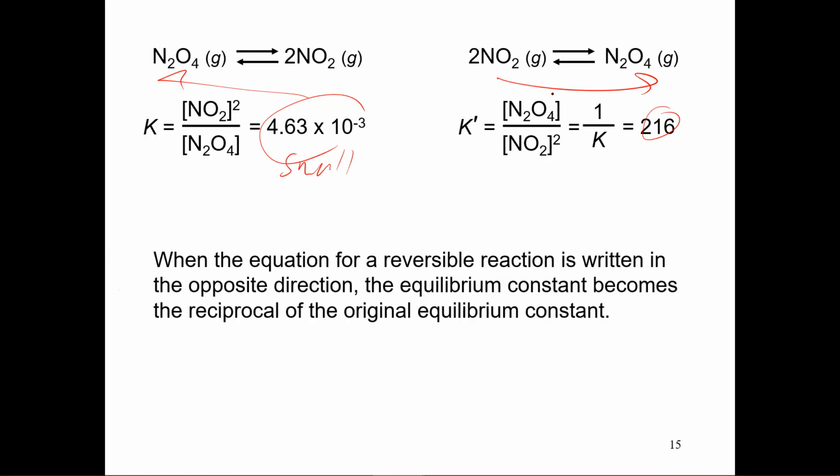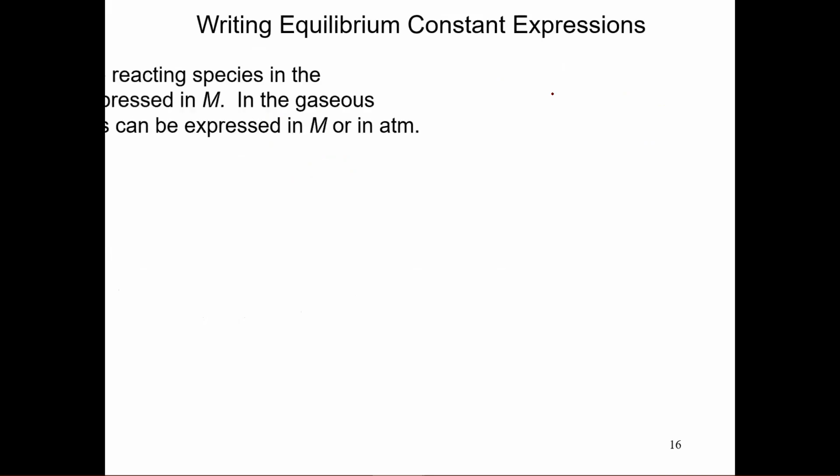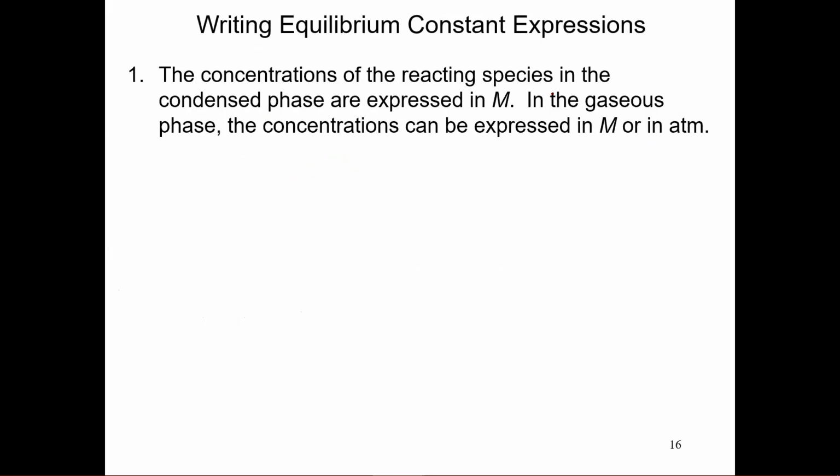When an equation for a reversible reaction is written in the opposite direction, the equilibrium constant becomes the reciprocal of the original equilibrium constant. Writing equilibrium expressions, the rules are these. The concentrations of the reacting species are expressed in moles per liter. In the gaseous phase, it can be in moles per liter or in atmospheres.